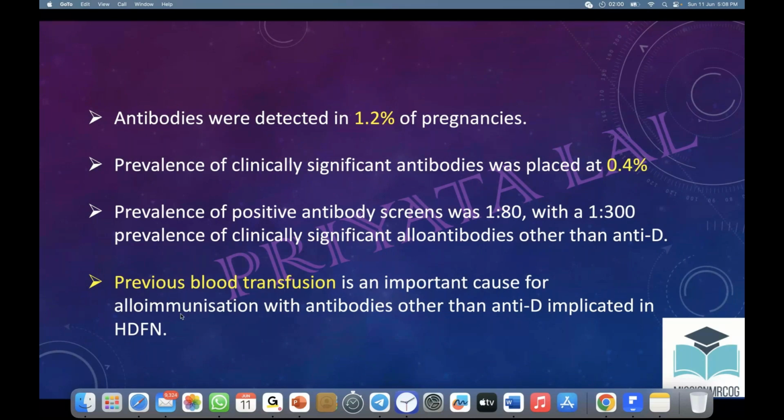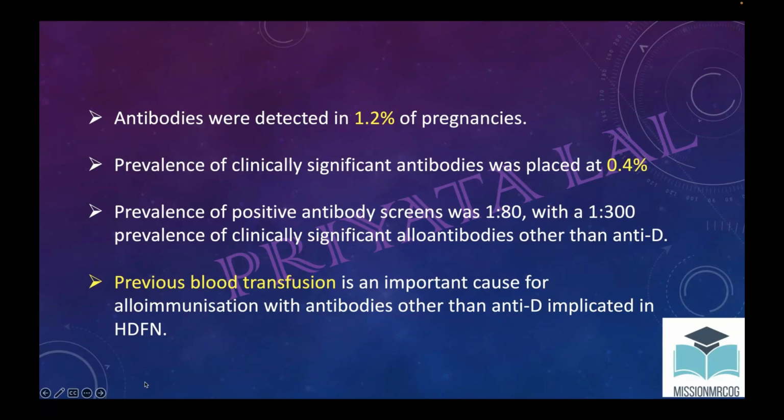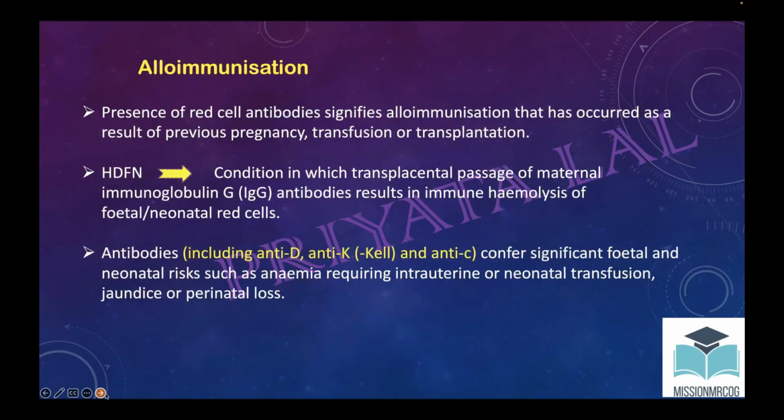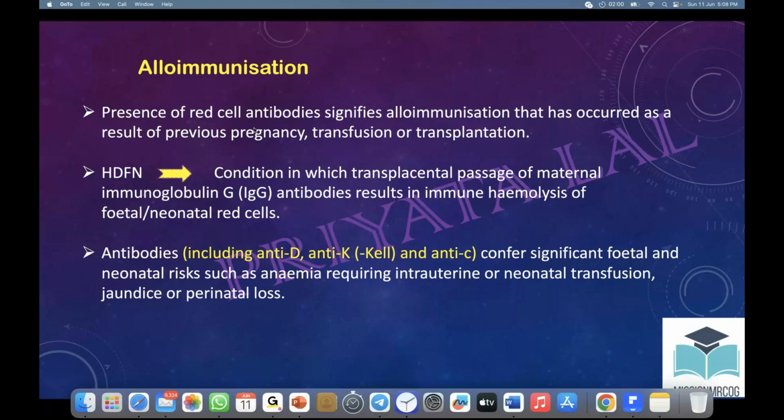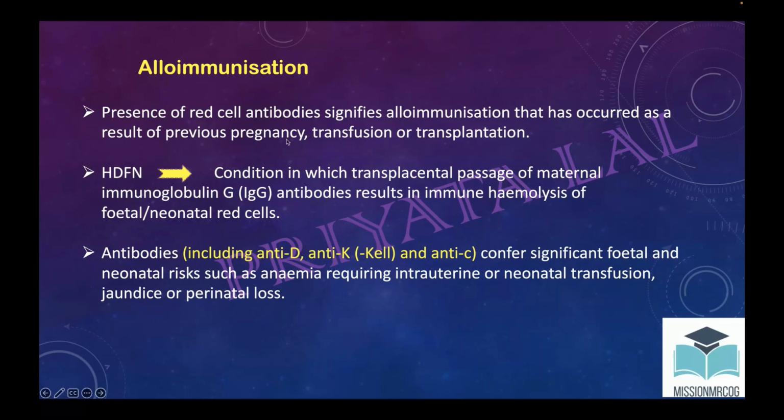Okay, now what really happens? If we do the antibody screening and the antibodies are already there, that means allo immunization has occurred. And it could be because of previous transfusion, maybe transplantation, or maybe because of a previous pregnancy. So there could be any route of it.